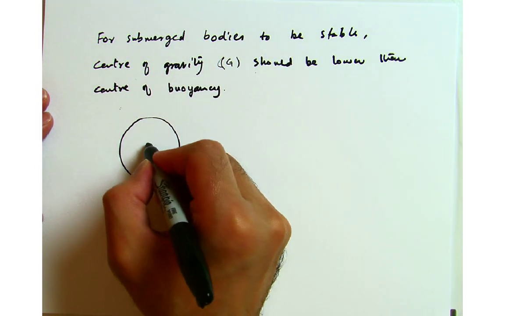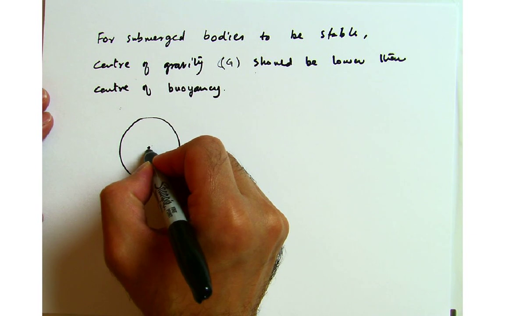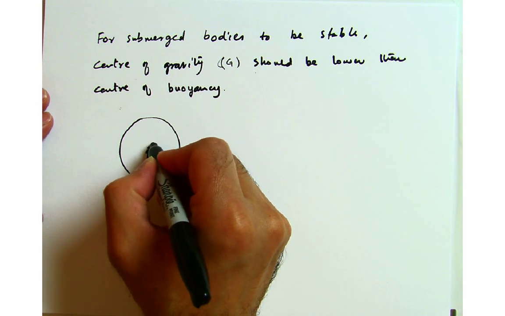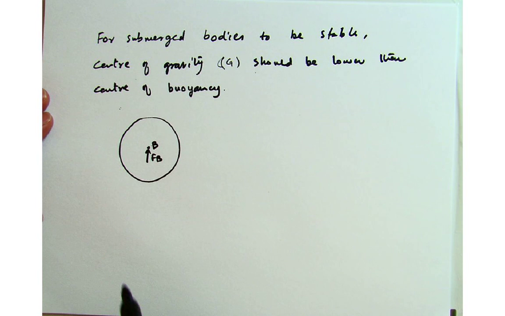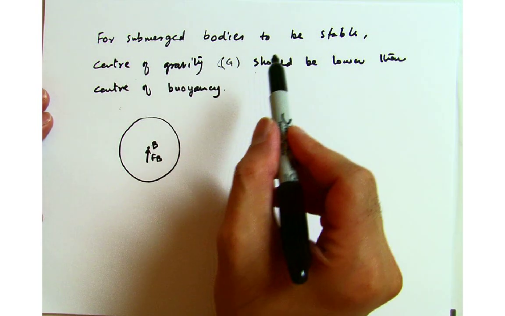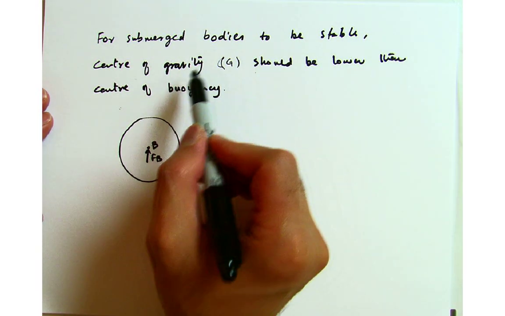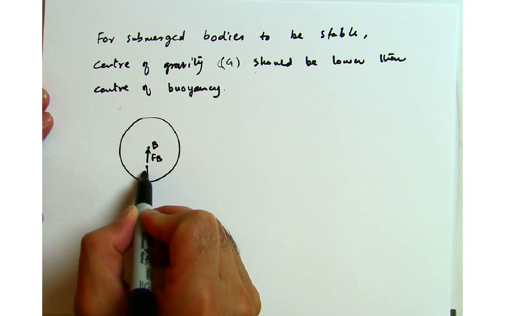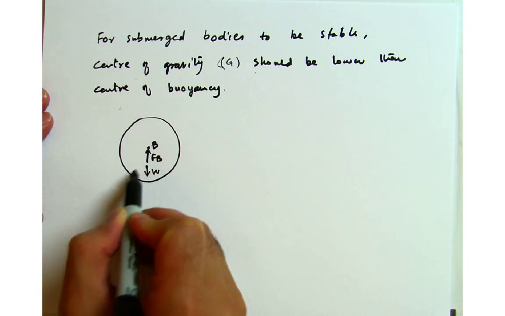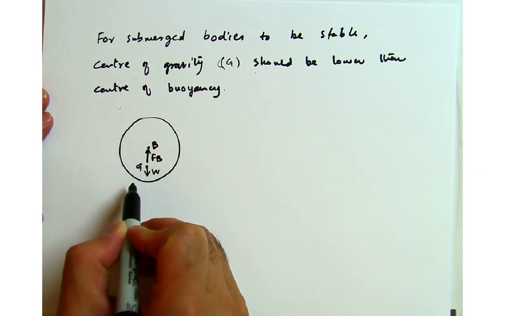So this is where the centroid is, and I can define this point to be B, and this force is F of B. And the center of gravity can be some point over here, and that's where the weight is acting, and I'm representing that with G.